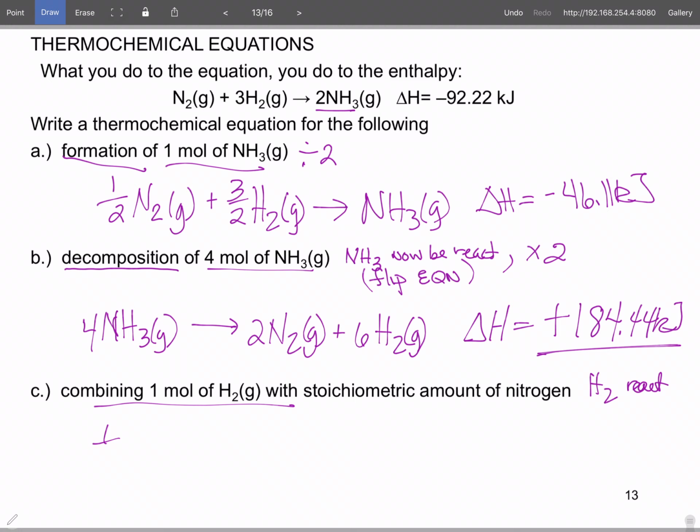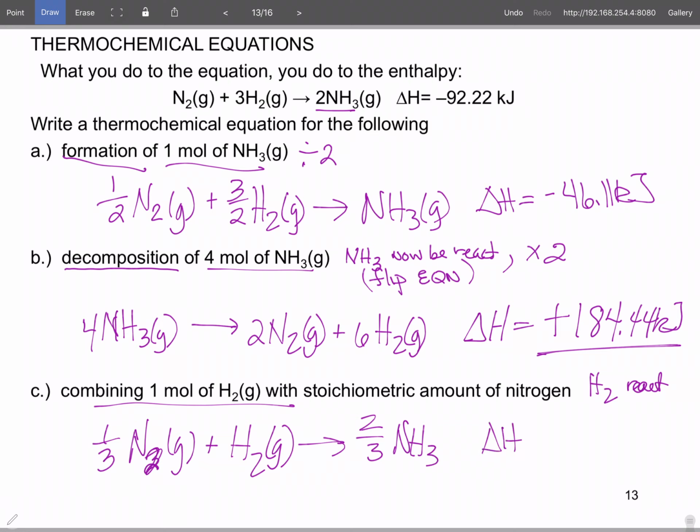So that means we're going to end up with a third nitrogen gas plus hydrogen gas yields 2/3 ammonia. And delta H is going to be negative still because we didn't flip it. But you are going to divide it by 3, so you get 30.74 kilojoules per mole. It happens to be per mole.